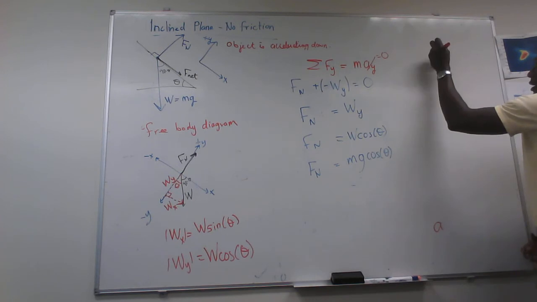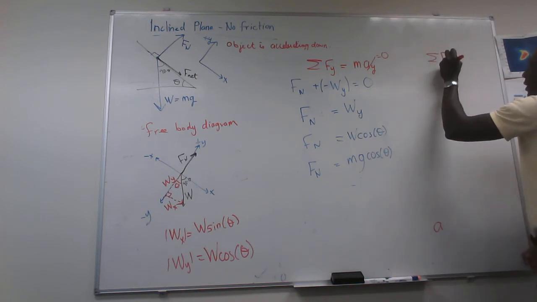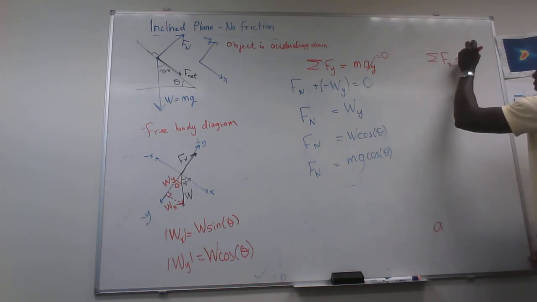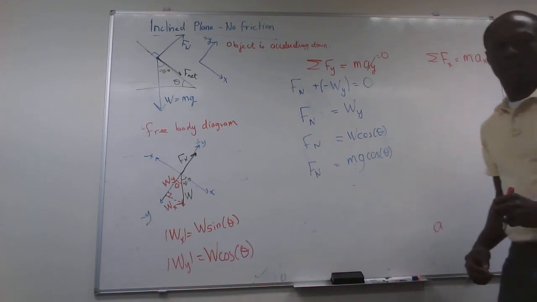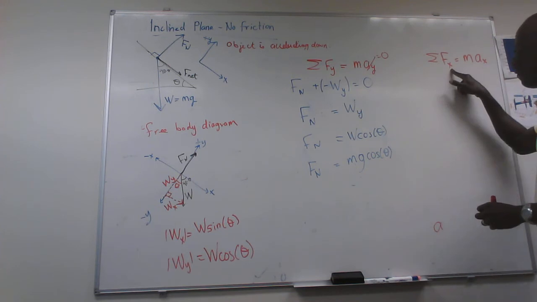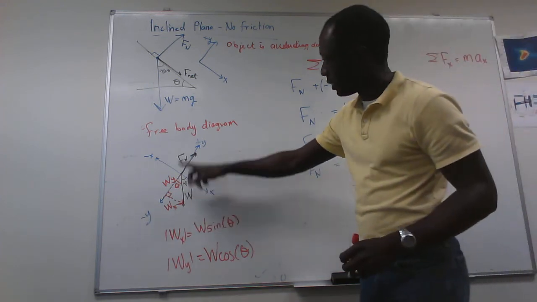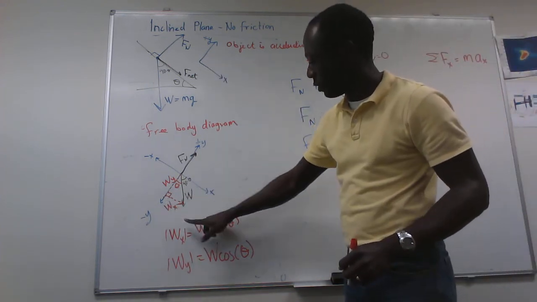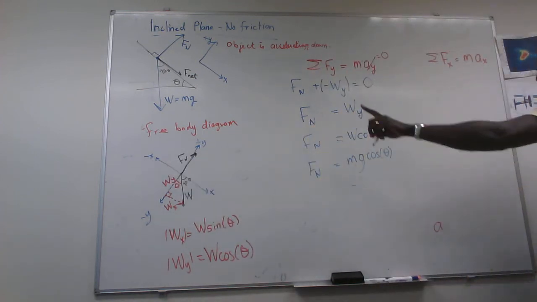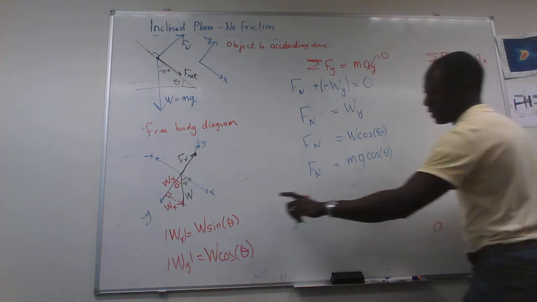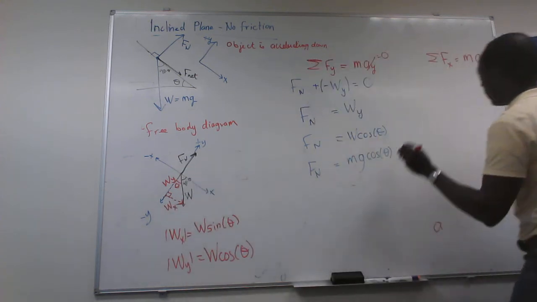Alright, now we can find the net force acting along the x direction, and that again has to be equal to the mass times the acceleration along the x direction. And so the forces acting along the x direction in this problem, since there is no friction, is only going to be Wx, right? There's no other force going anywhere, either up or down along this inclined plane except for Wx.